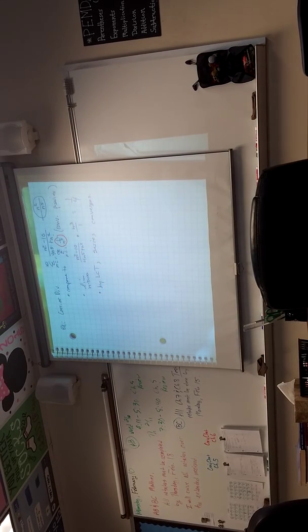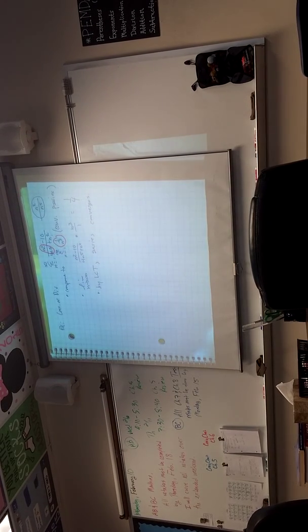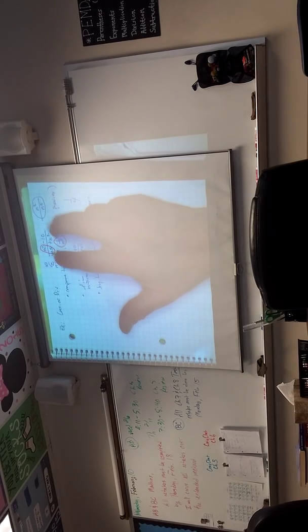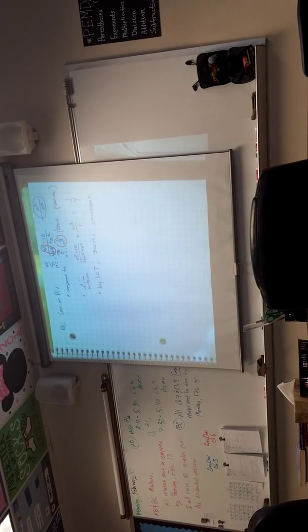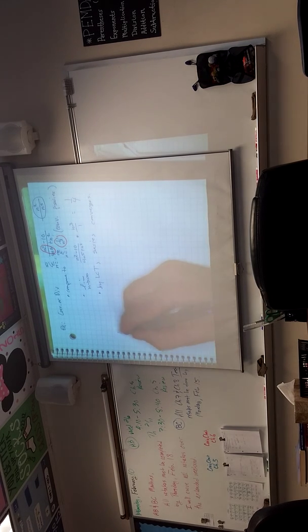Now that was not at random, because I wanted you to notice that I was really focusing on that ratio right there. Notice I ignored everything else. Because as n goes to infinity, nothing else is going to be important but the ratios of the highest degree terms. So there's a particular pattern that we can take advantage of.